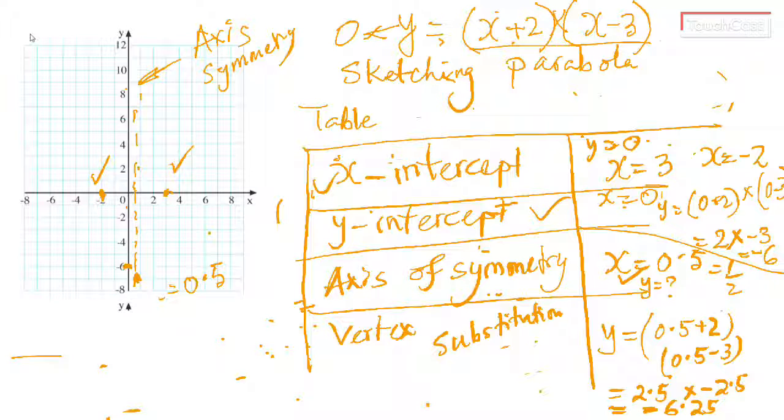So negative 6.25, which is somewhere over there. That's the vertex now, and once you have the vertex, you should be able to draw the graph. It's quite messy over here, so don't worry about it. You've got to practice it yourself. So now you have all the points. You've got the x-intercepts, the y-intercept, you've got the turning point, and you have a fairly good idea about the graph. I'll stop there.